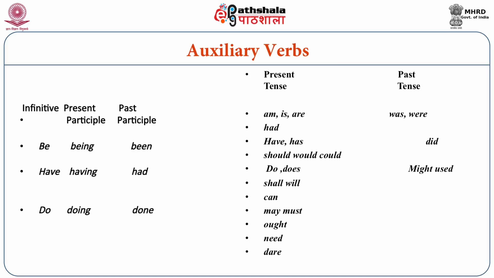In the infinitive, present and past participle, we see be, being, been, have, having, had, do, doing, done. These are all non-finite. When we come to finite, we have present and past tense both: is, am, are, was, were, has, have, had, and so on and so forth.